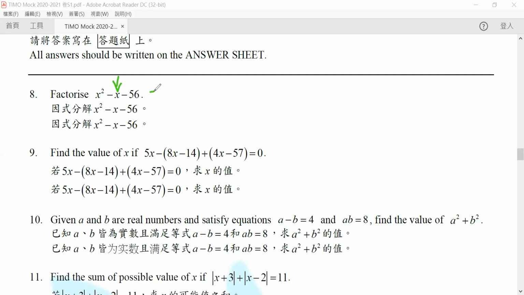So we know that this must be equal to x minus 8 times x plus 7. Now, there are many different ways to do this. We will later on talk about completing the square or even the quadratic formula, but now, since we are still secondary 1, we will delay it until secondary 2. So the answer is x minus 8 times x plus 7.